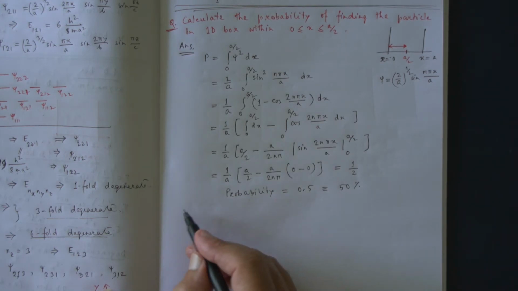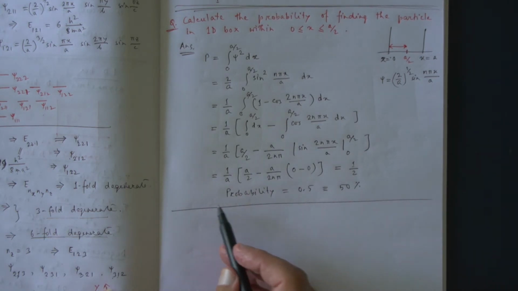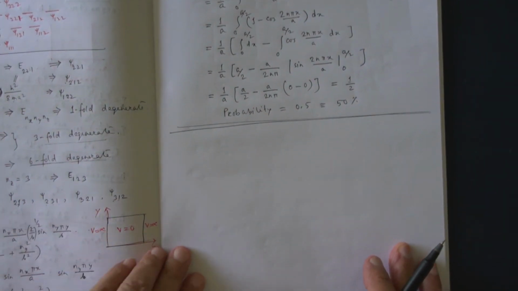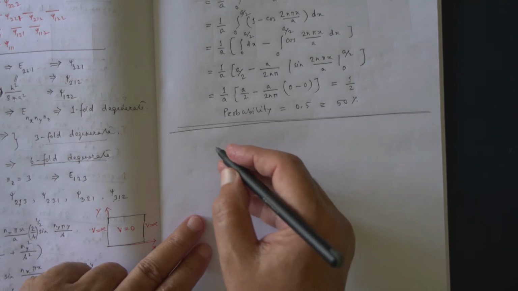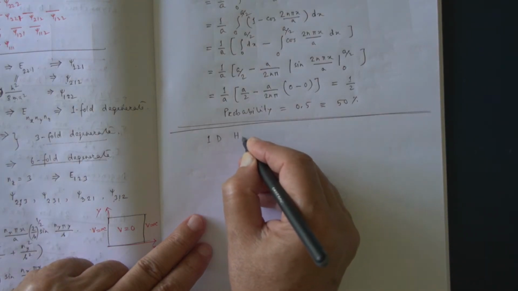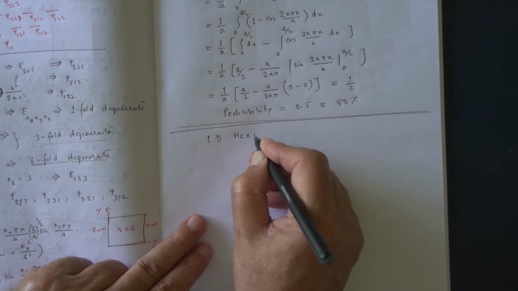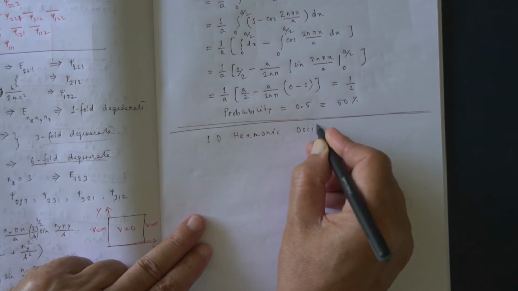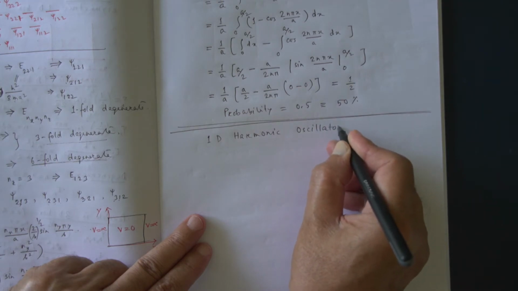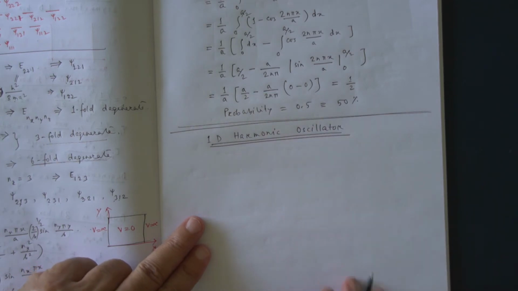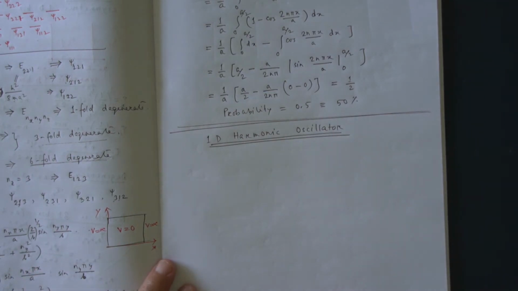Now let us discuss one more system, which is the one-dimensional harmonic oscillator. This is a new system.